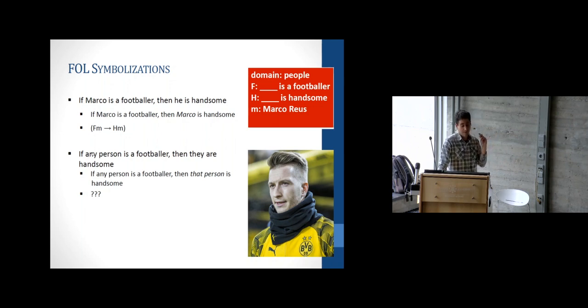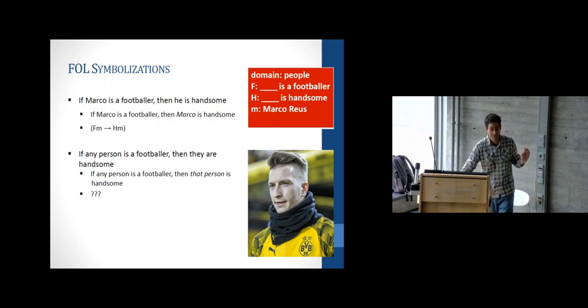Compare that to, "if any person is a footballer, then they are handsome." What does "they" refer to in English in this sentence? To that person you picked, right? To that footballer. So how would you write that? This does require a quantifier.